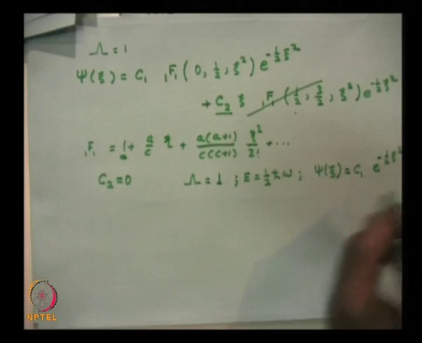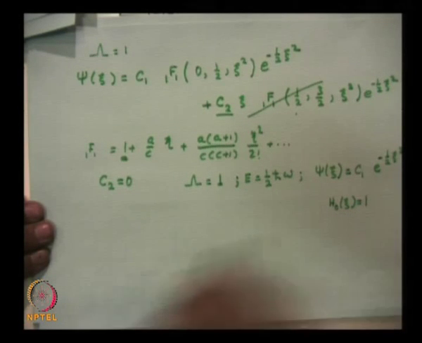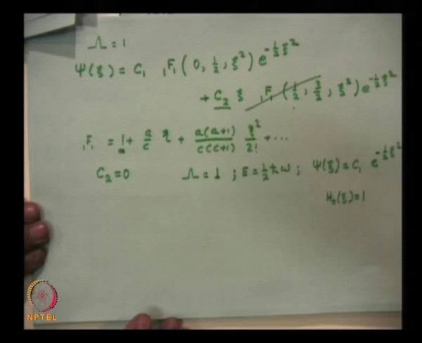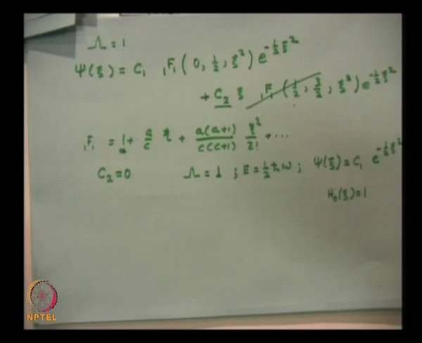So, this is H0 of xi, H0 of xi is 1. So, this is the first eigenfunction of this solution. Now, in my next lecture, what I will do is, using these two equations, we will find out the eigenfunctions corresponding to different eigenvalues. Thank you.